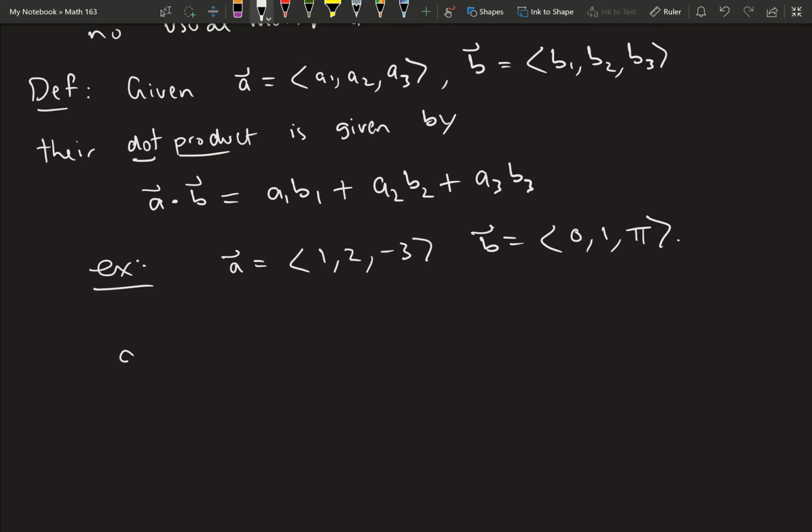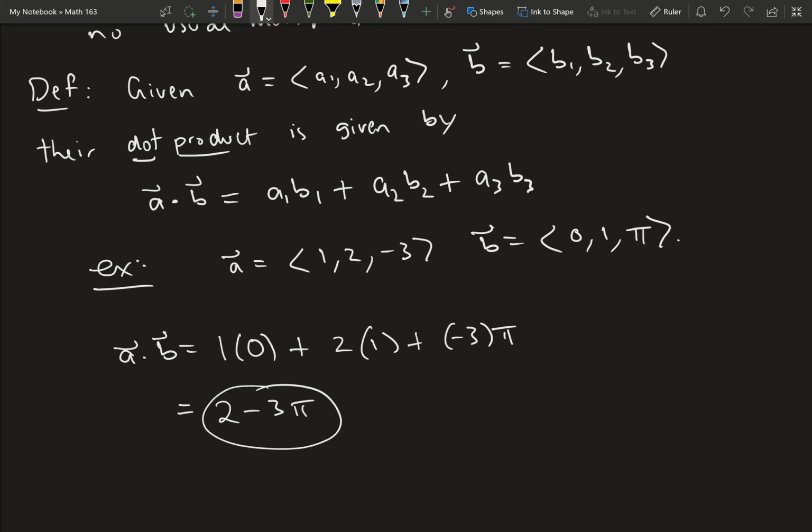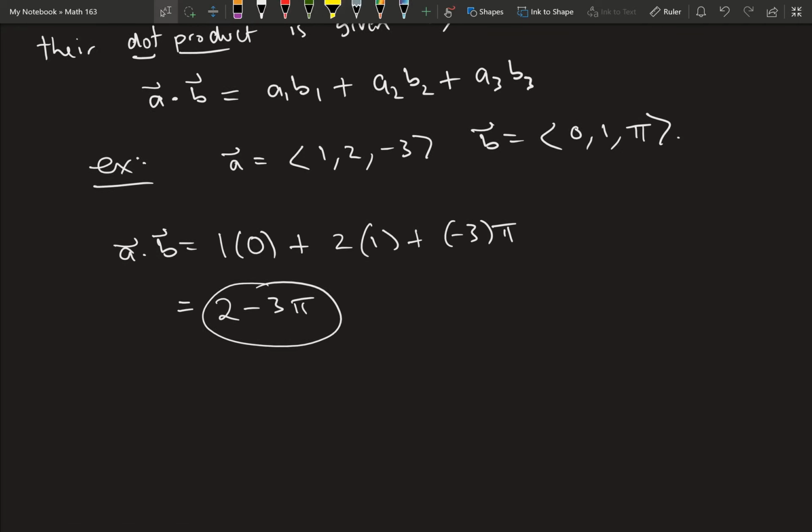Then A dot B is the first coordinate of A times the first coordinate of B, and maybe let me not use dots for multiplication just here, let me use parentheses, plus 2 times 1, and then plus -3 times pi, and so we simply get 2 minus 3 pi. So notice we started with two vectors, and we ended up with a scalar quantity.